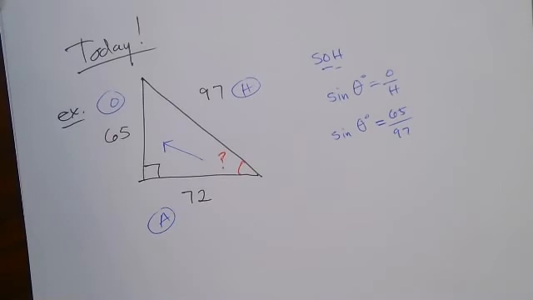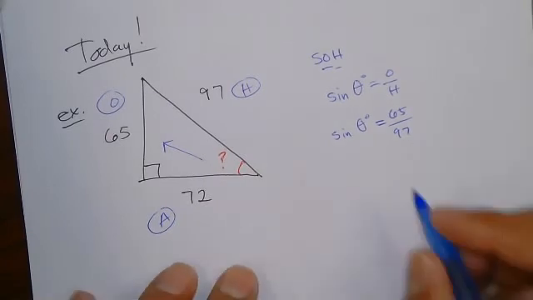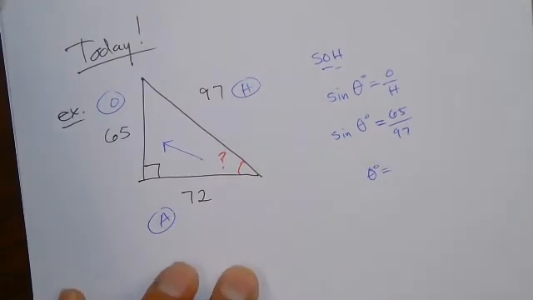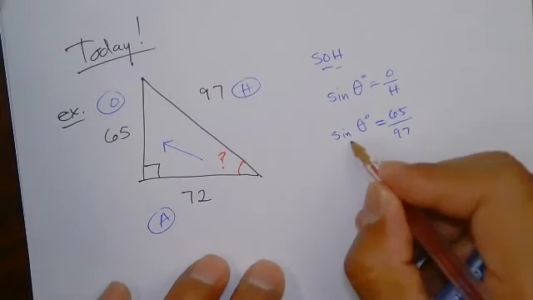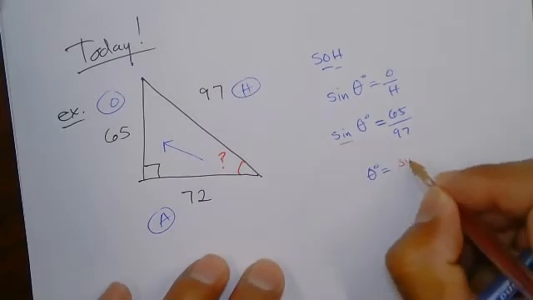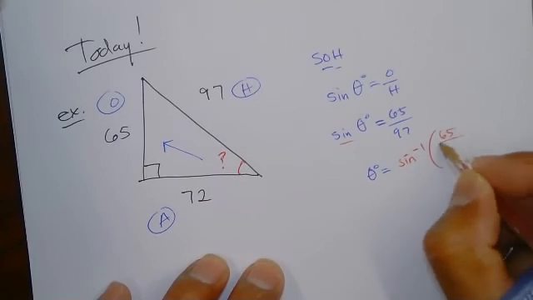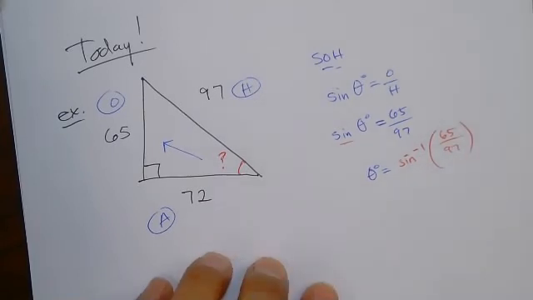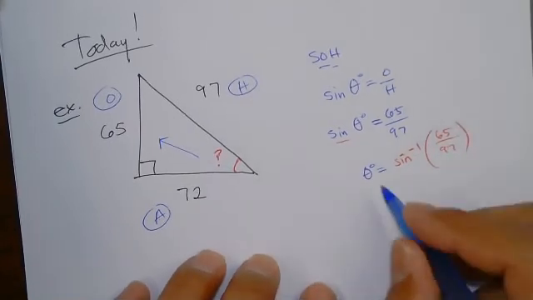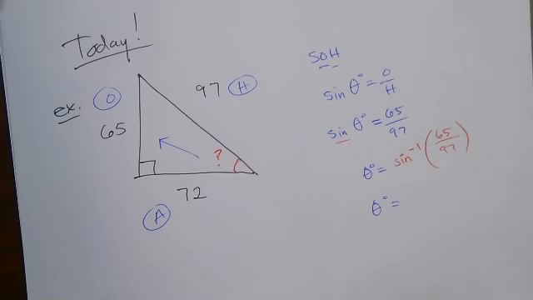Let's say somebody uses sine. Okay, that's fine. And they're going to solve, and then the angle is what? If this is sine, it would be the inverse, right? That's the only time you use this. And it'll be 65 over 97. What if somebody used sine? They're going to get this angle. What did you guys get?